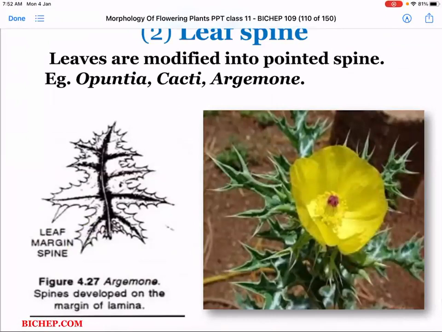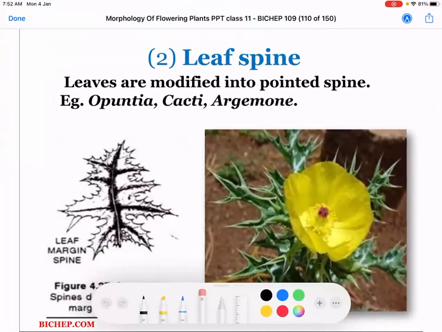Number two, leaf spine. Spine, that is kata, is produced from leaf. So leaves are modified into pointed spines. For example, Opuntia, cacti, that is cactus, and argemone.